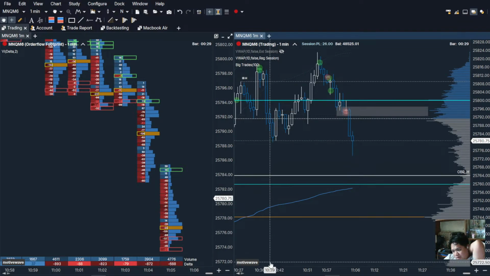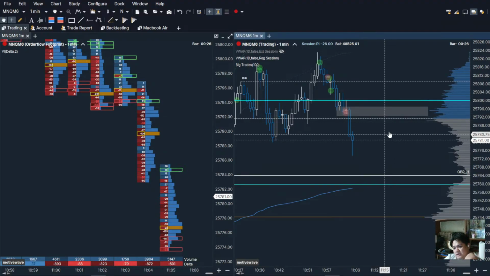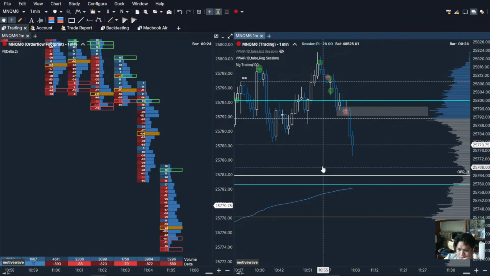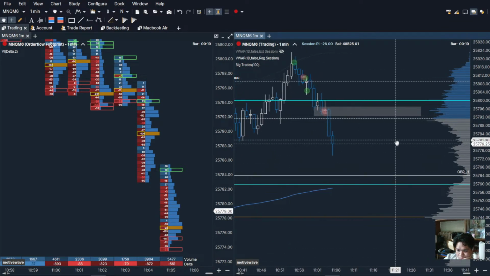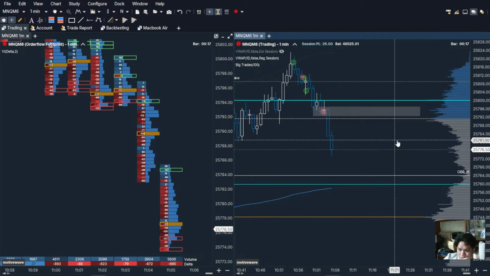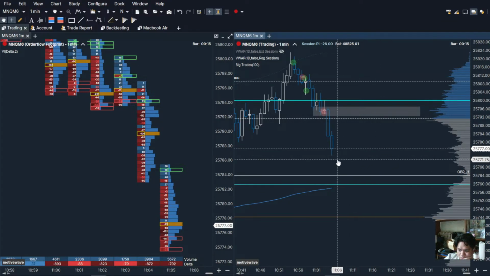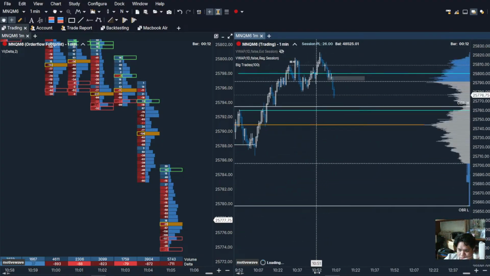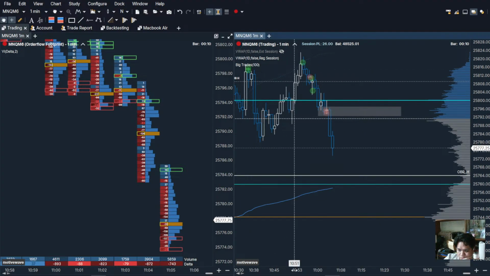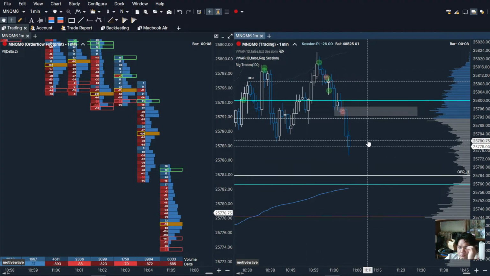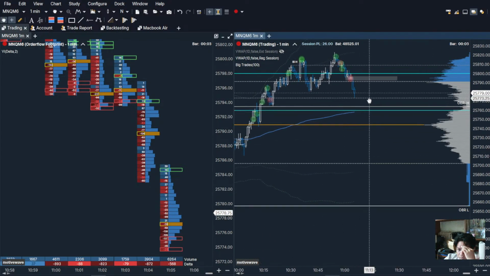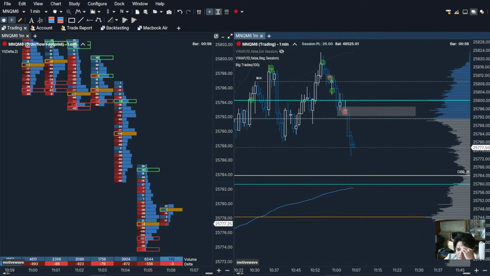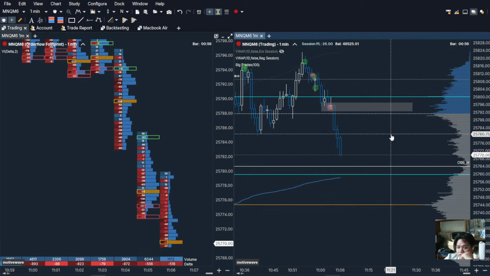Looking at the 60s for a push up towards the upside. Nice drop.